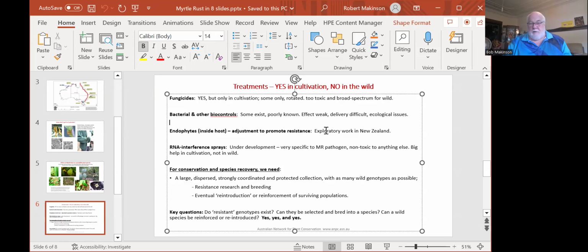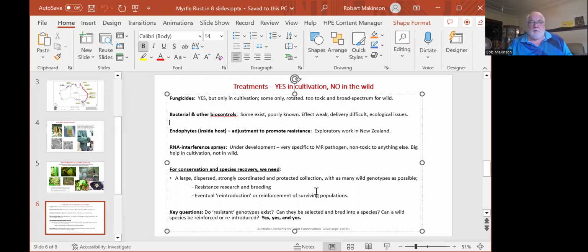But the key questions with this approach, of course, are: do resistant genotypes exist? Can they be selected and bred into a species without bottlenecking the variation? And can a wild species then be reintroduced or wild populations reinforced? Now, I haven't got time in this talk to go into it, but the answers are yes, yes, and yes.